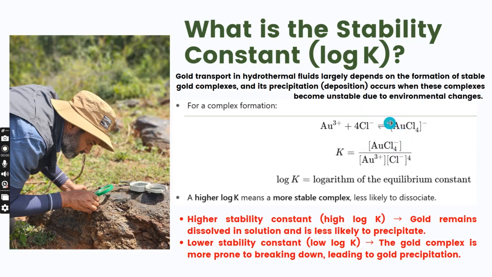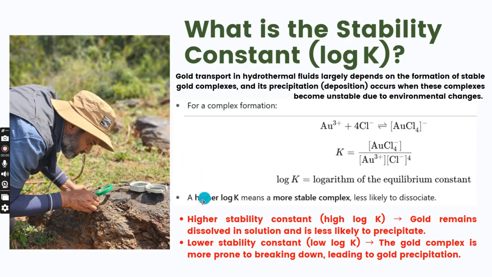That will be determined by this stability constant K. You can see the higher the value of K, the higher will be AuCl4 minus. Therefore to get elemental gold, K should be lower, and more importantly this K is represented on a logarithmic scale. Okay, so a higher log K means a more stable complex, less likely to dissociate.